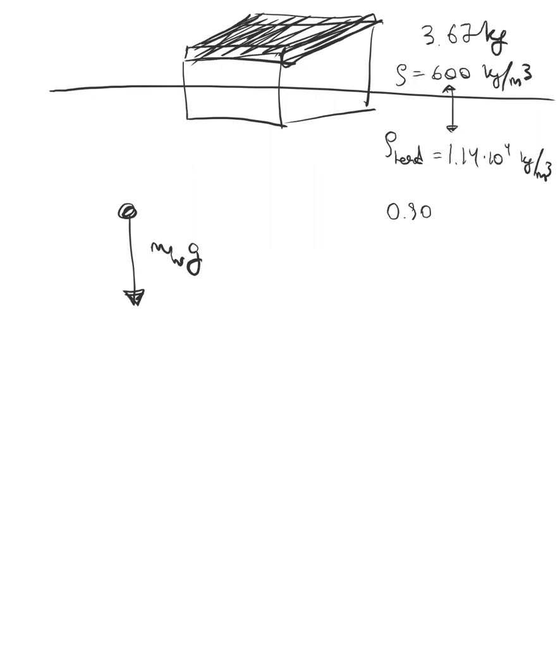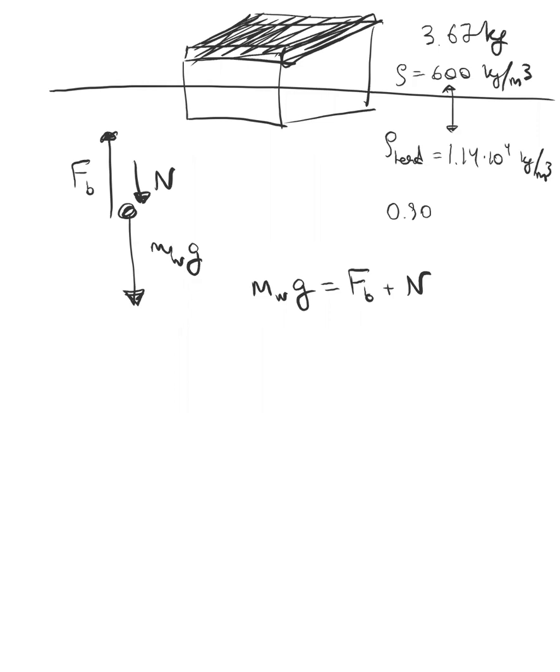A second force is the normal force from above, from the lead plate. And the third force is the buoyant force pointing up. I believe these are all the forces. So I get my mass of wood times g is equal to the buoyant force plus normal force.